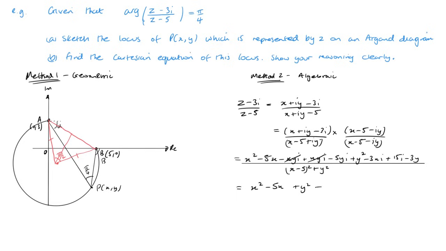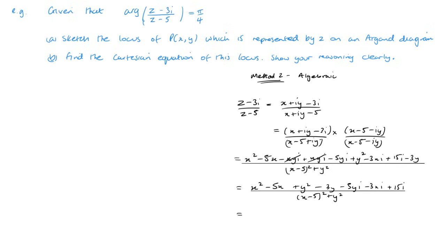And then I've got minus 3y, minus 5yi, minus 3xi. Oh, and plus 15i. All over x minus 5 squared plus y squared.